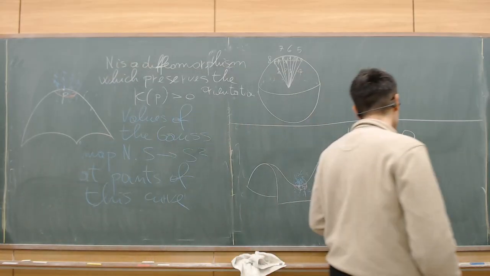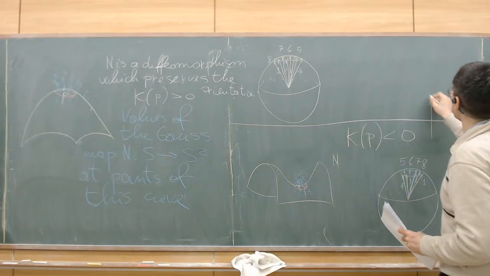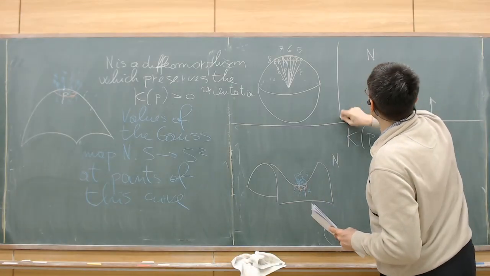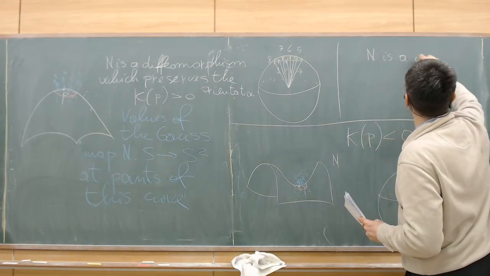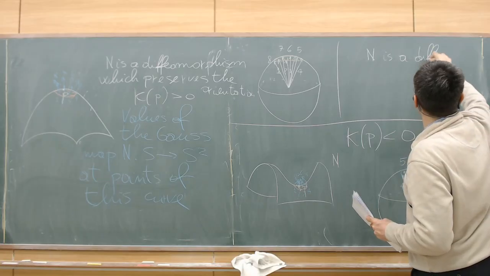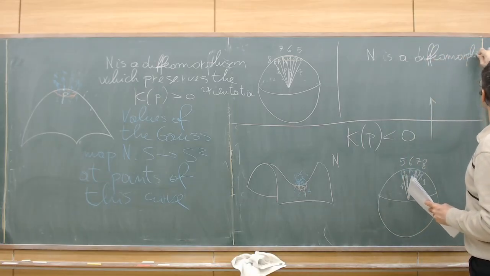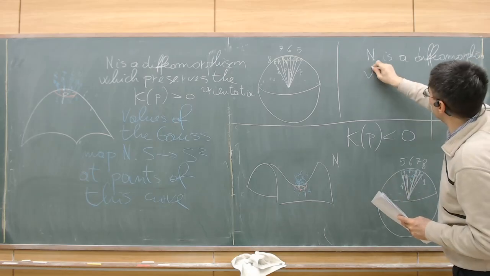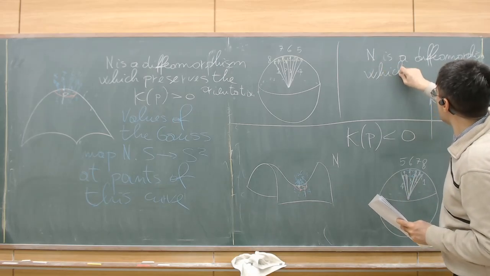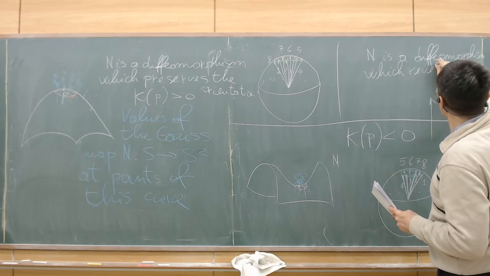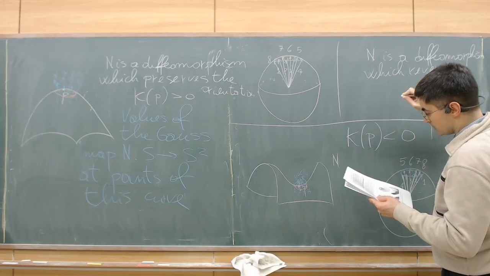Instead, in this case, we have that N is a diffeomorphism which reverses the orientation.